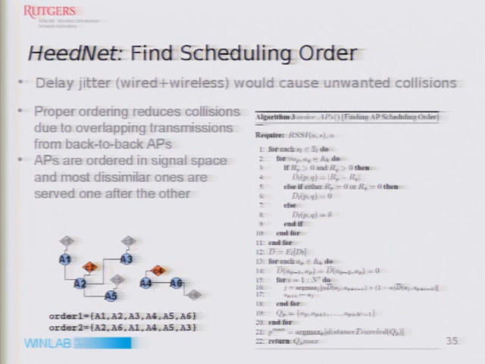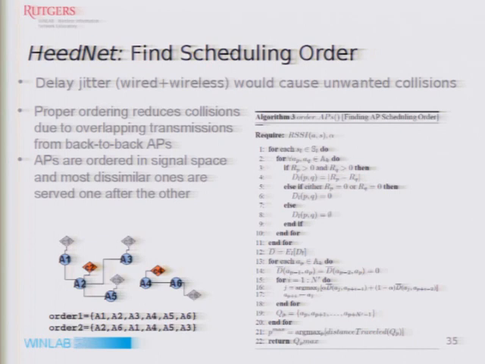So for the order, as I said, the order is important because if these transmissions out of the access points will be leaking, you want to minimize the number of collisions. And how you can do that is, not everything will be the same amount of interference, right?